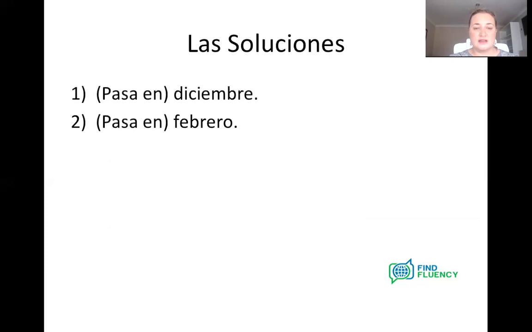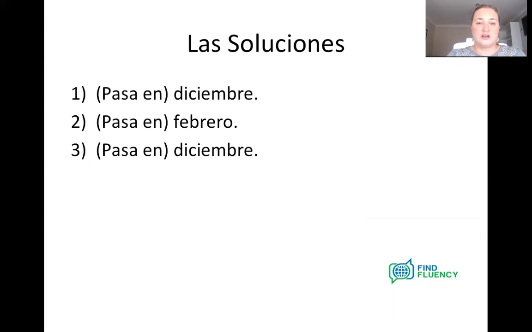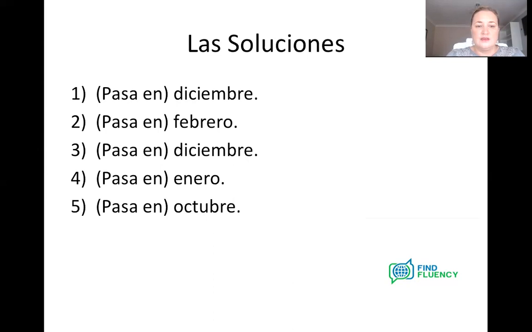Febrero, okay, happens in febrero. 3, which was Noche Buena y pasa en diciembre. Right, so that was our Christmas Eve. It happens in December. 4, pasa en enero. Es el año nuevo. Okay, so New Year happens in January. Y 5, Halloween or Noche de Bruja, pasa en octubre.